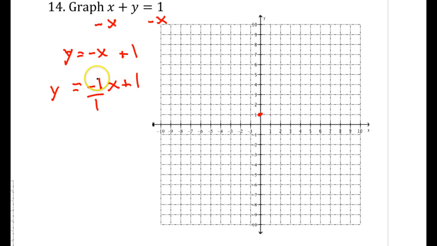Start at positive 1, but down 1, right 1. We'll get the rest of it. And of course, use a straight edge.